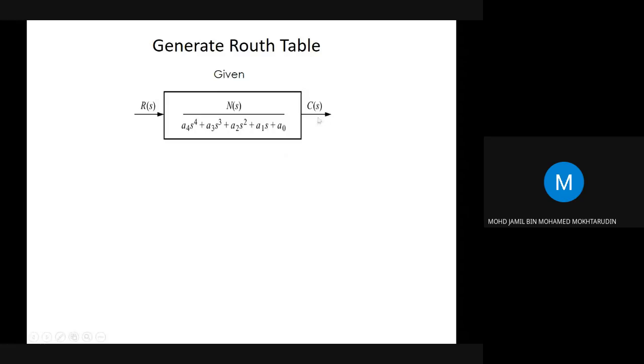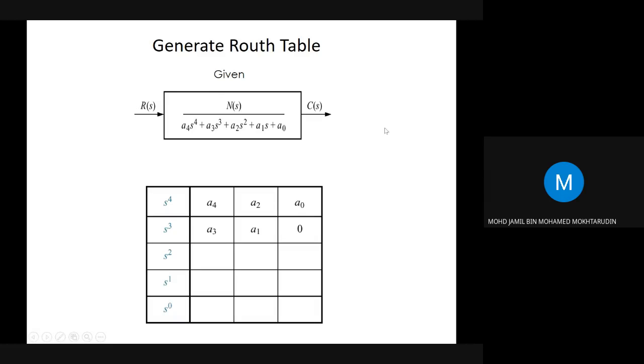You don't have any feedback loop, okay? So first step that you are required to do is you need to look at the transfer function and look at the denominator. Okay, look at the denominator, and if the denominator starts with s to the power of 4, then your table also must start with s power of 4 and followed by s power of 3, 2, 1, and 0.